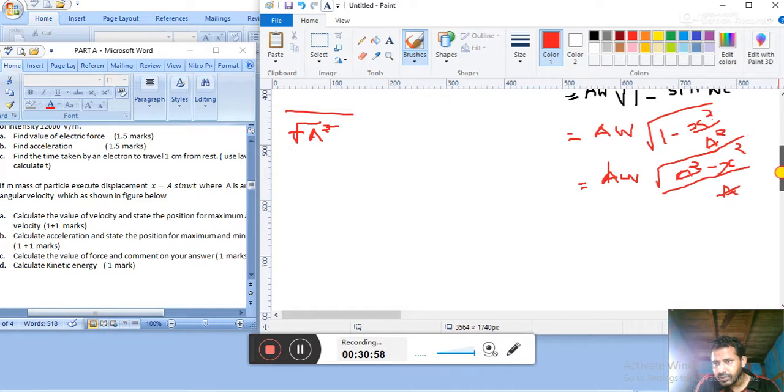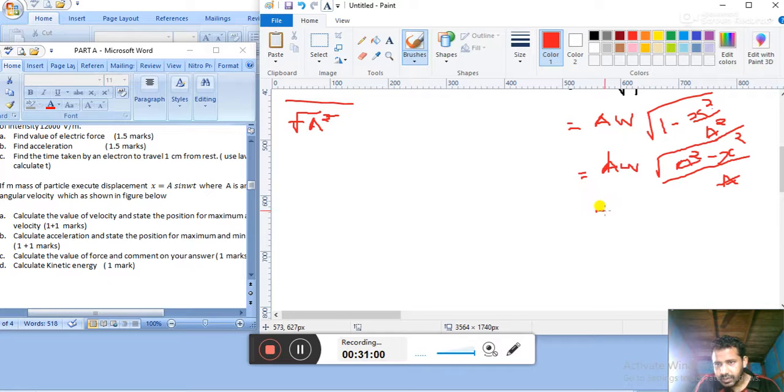So velocity equals omega root over a squared minus x squared, where a is the amplitude. This is the required term of velocity.